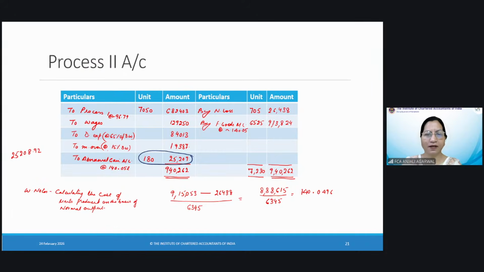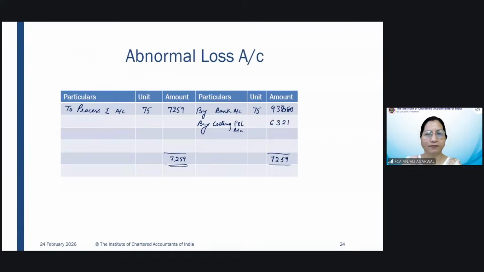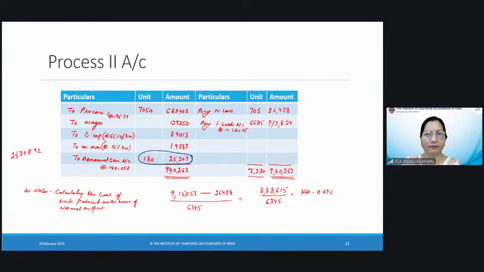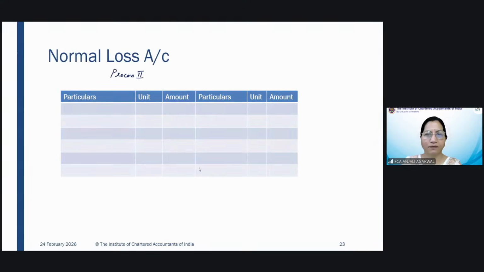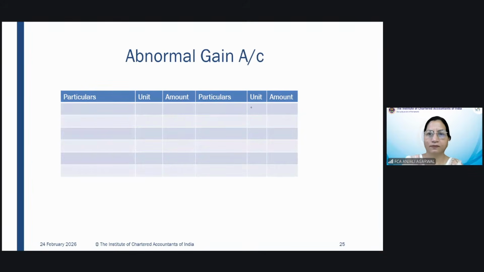Right, Mithili and everyone else? 180 units, which is giving us a profit of 25,209. So this will come on the credit side of the abnormal gain account by process 2.